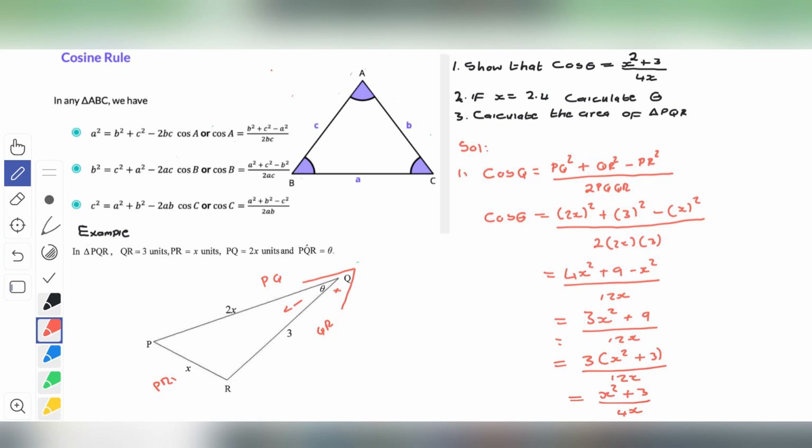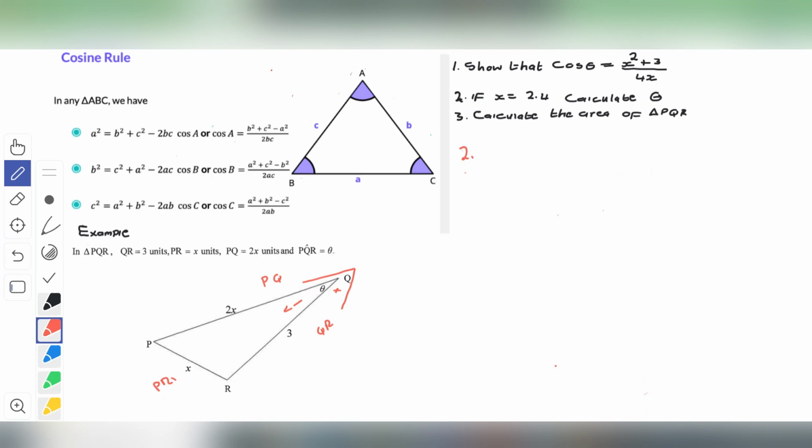So now as we are done proving this, now we go to the second question. So I'm just going to erase here because of the space. Okay, now we did prove that the cosine of theta is equals to x squared plus 3 all over 4x. So the second question says, if x is equals to 2.4, calculate theta. So meaning we're going to write the thing that we proved.